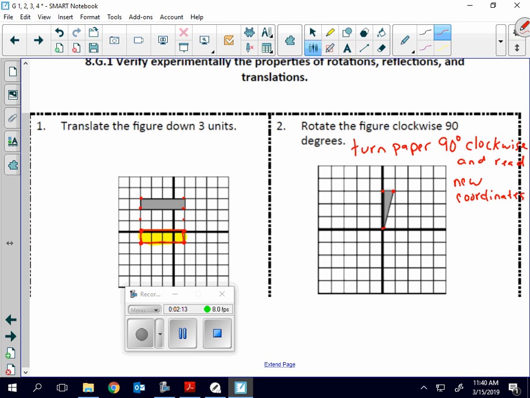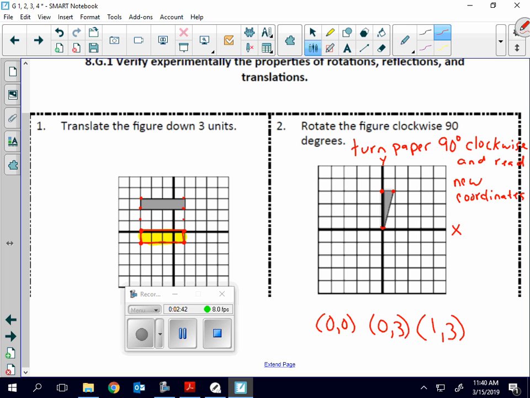Okay, so the bottom here is just 0, 0. The next one above that is 0, 3. Again, this is the y-axis, this is the x-axis right now when you're looking at it, right? And the third one is going to be at 1, 3.